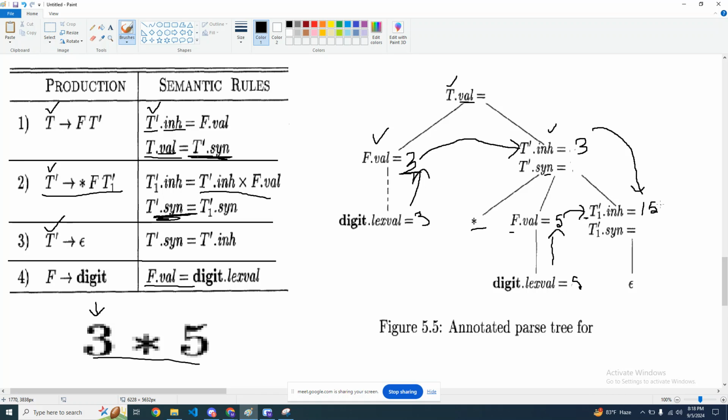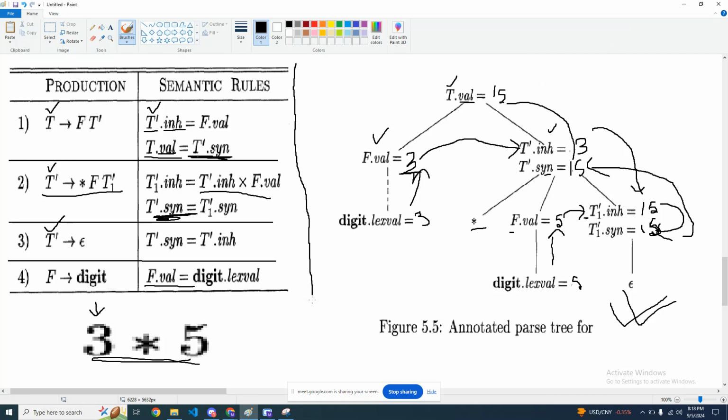So the value of t prime synthesized will come from the value of t1 prime inherit, which is 15, right? So it is taking the value from itself. Now this synthesized value will go here, the 15 will go here, and this synthesized value will go here, right? So this is basically your dependency graph of this evaluation. So we have evaluated 3 into 5, which is equal to 15, by using this grammar. Any confusions, any questions?